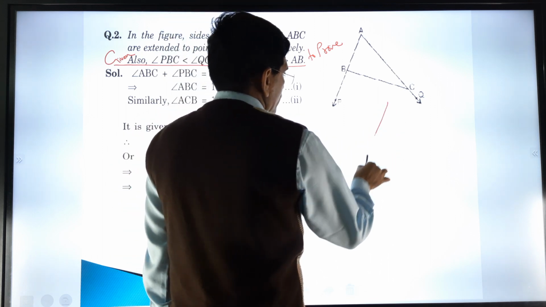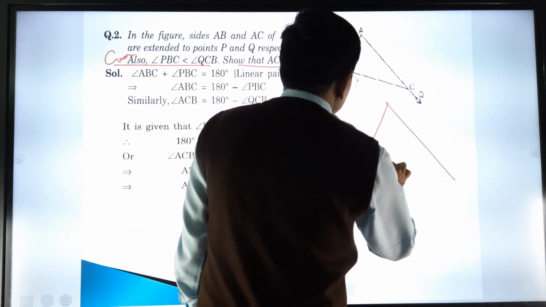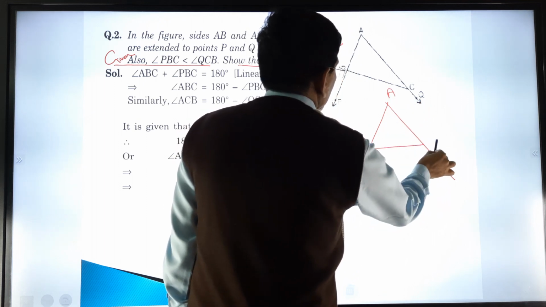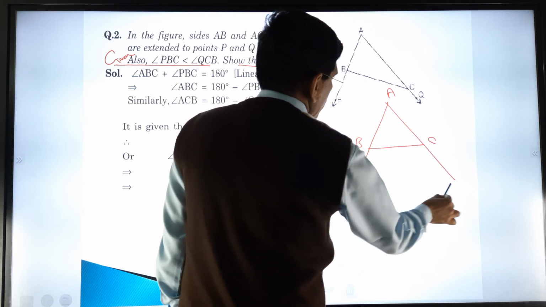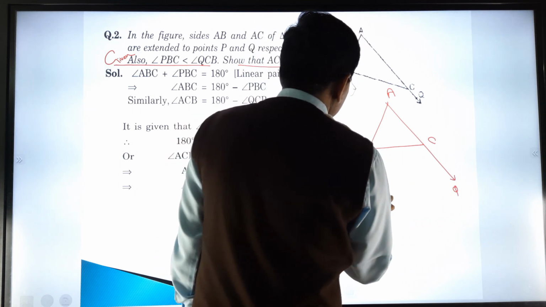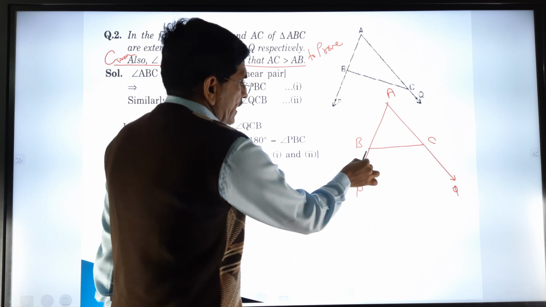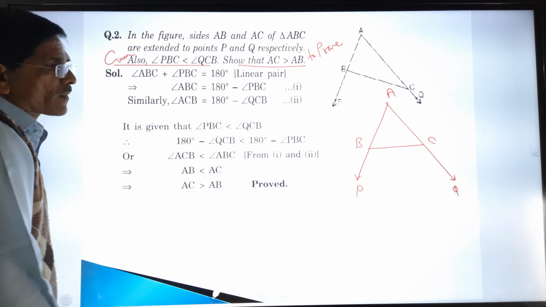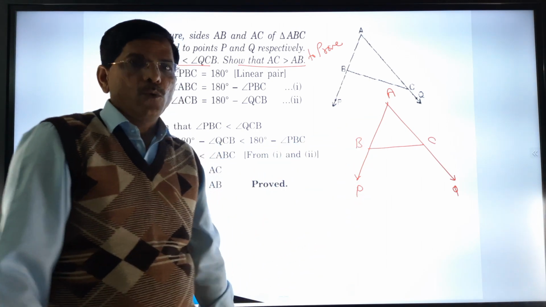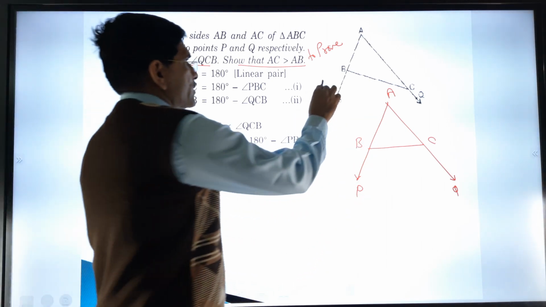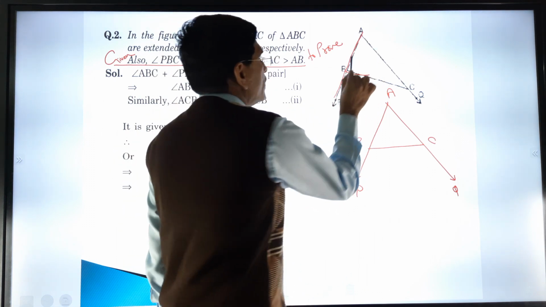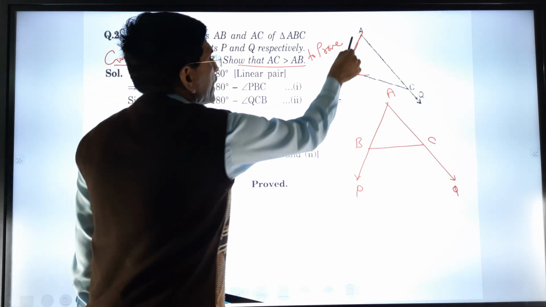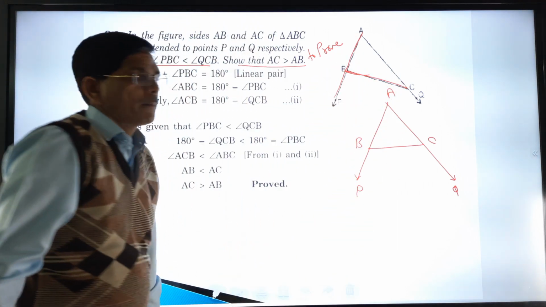So again, if you will see properly, here we have A, B, C, P and Q. This is a triangle, and here we can say extended. Now, if you will see properly, two linear pairs are generated.